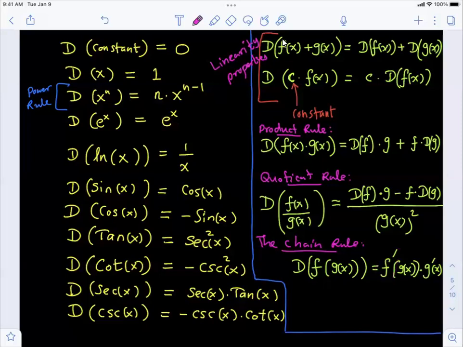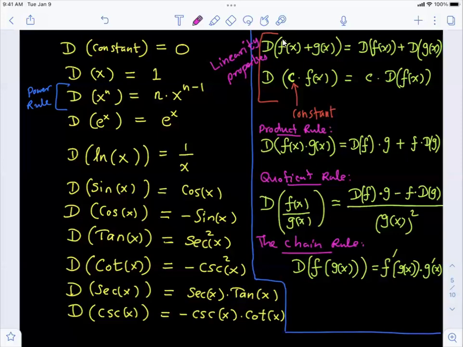We know the prime notation already, f prime, and then we evaluate that function at g of x, and then we get to the inner layer and we simply take the plain derivative g prime, and stick them together with a product. And trust me, as a summary, this is everything that you need to learn about the derivatives. I know it seemed a little dense right here. And let me show you how to answer it.